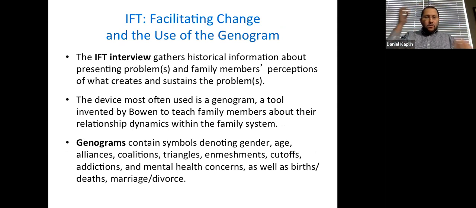So here are things that we do. We use the intergenerational family interview to gather information about the family and problems within the family system and challenges that one member of the family might have with another member of the family and so forth.